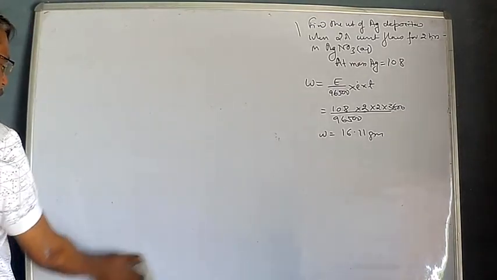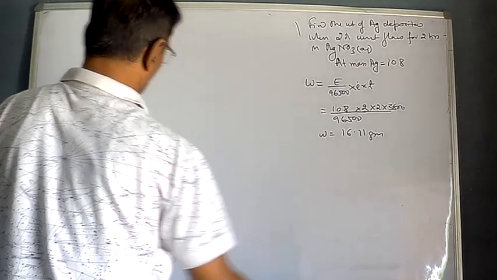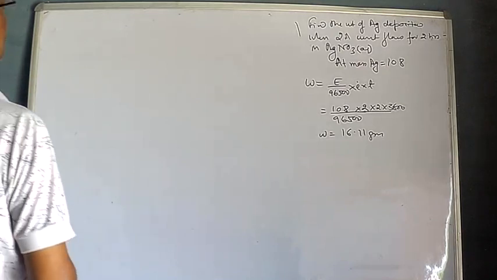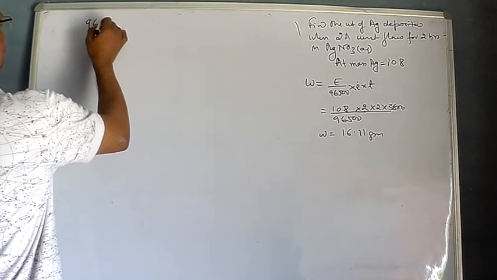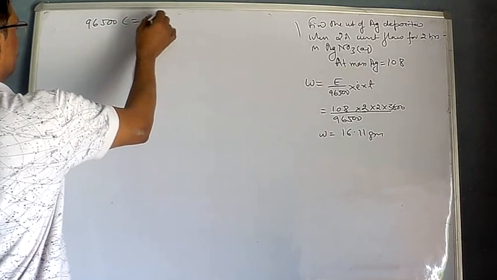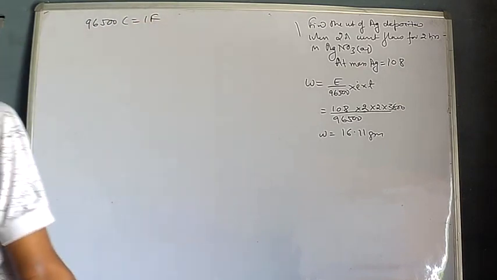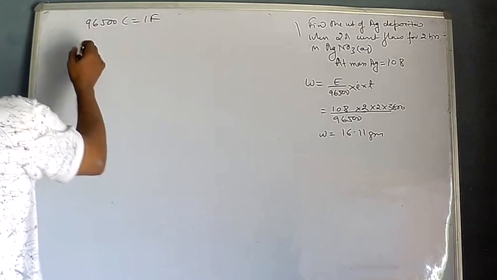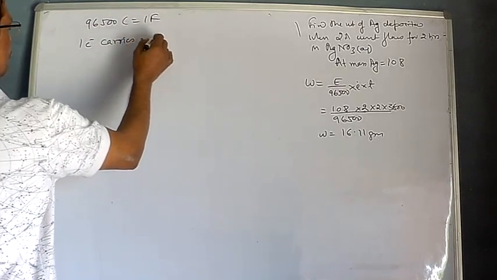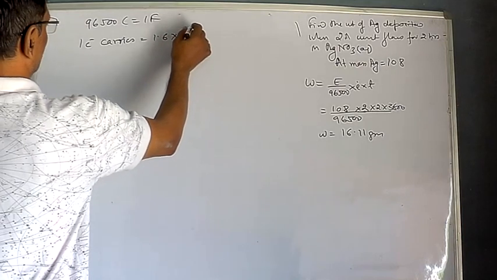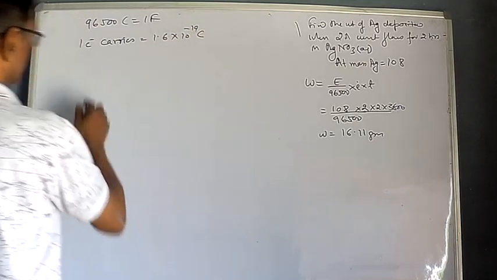But class, before we move to those questions, we must know where this concept of 96,500 coulomb, which is also called 1 Faraday, is derived from. Class, we know one electron carries 1.6 into 10 to the power minus 19 coulomb charge.